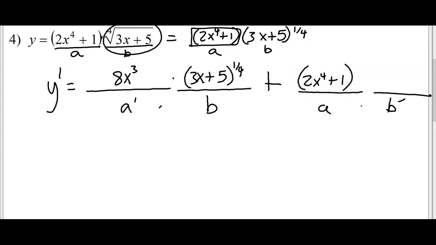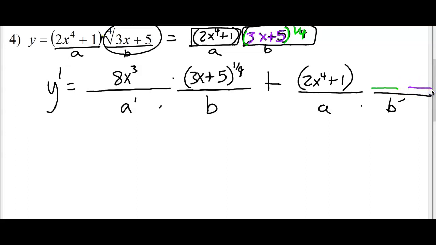And then we have B prime, and that's where the chain rule is going to come in. My outer function for this piece is the 1/4 power. My inner function is the 3x plus 5. So for this last portion, we're going to do the derivative of the outer multiplied by the derivative of the inner.